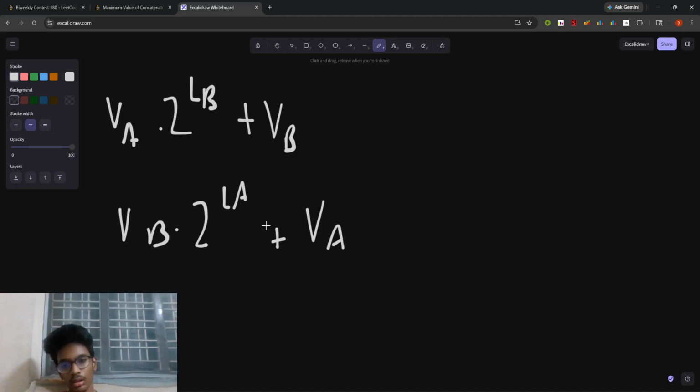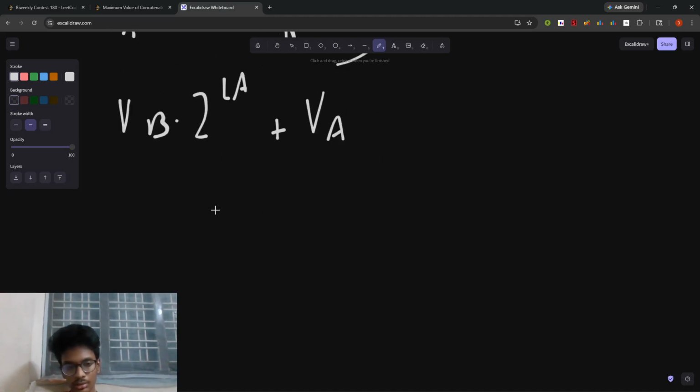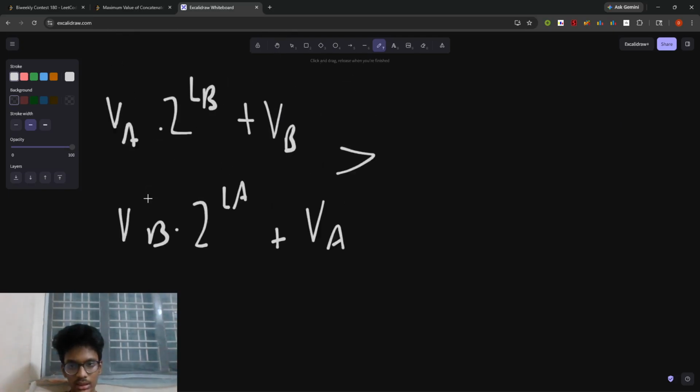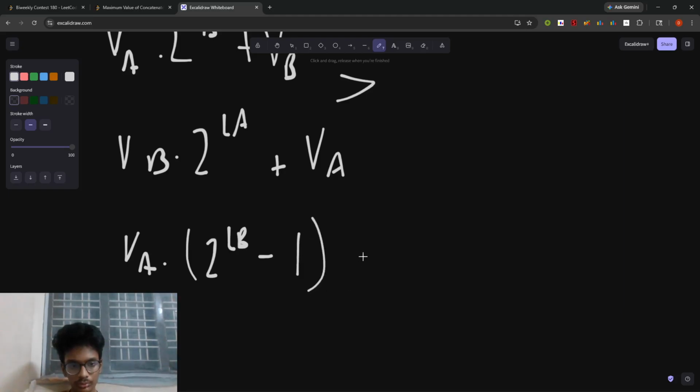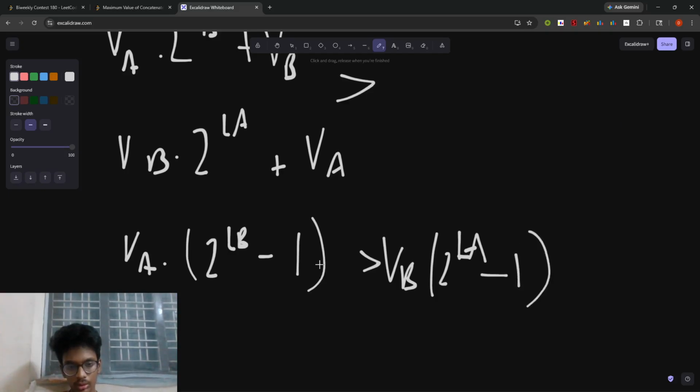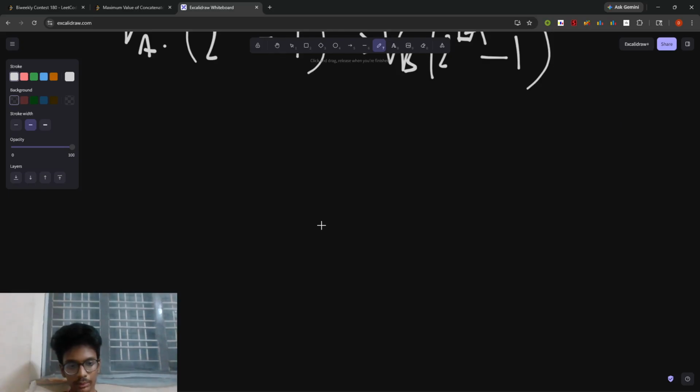If I rearrange terms, taking the value of A here, it would be VA into 2 power LB, which is the length of B, minus 1, greater than VB into 2 power LA, which is the length of A, minus 1. Isn't this the expression which I get?